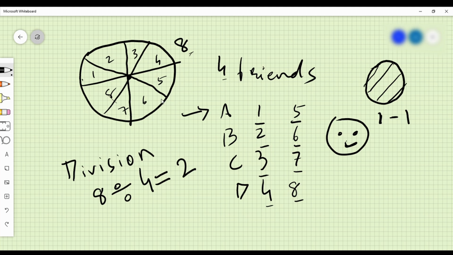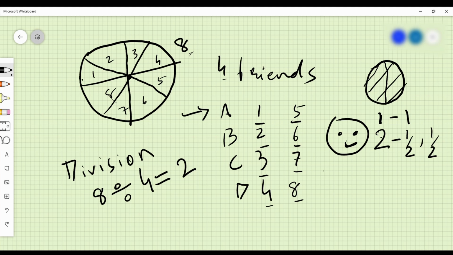If I have me and my brother, then how much pizza could I get? I'll get half of it. So I'll just write half pizza for myself and half pizza for my brother.